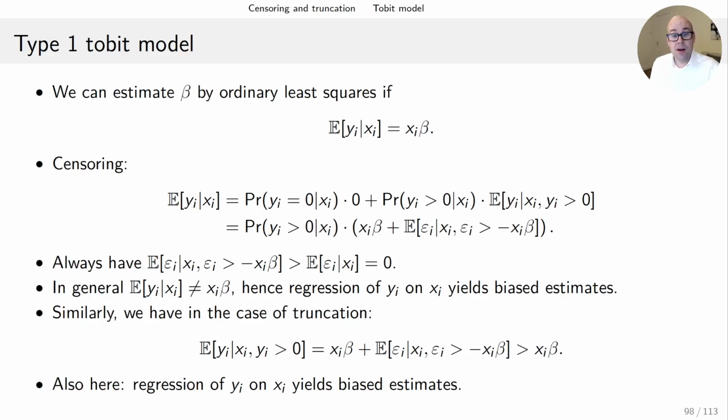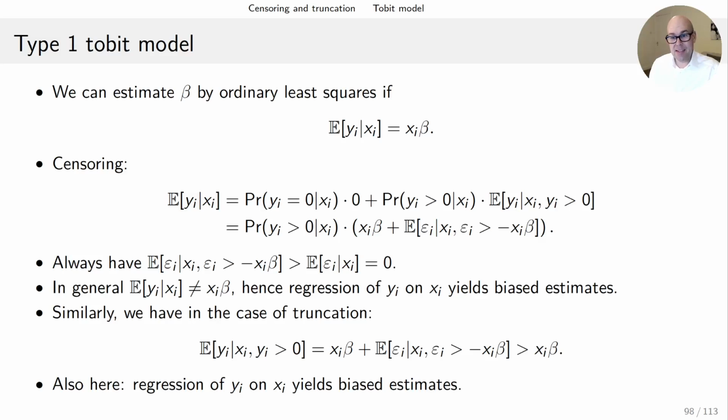It will probably approximately hold in either case that the expectation of y given x is approximately equal to xi beta if that probability is relatively small. But that's a somewhat more refined statement, and we will have to see in practice how this works out.